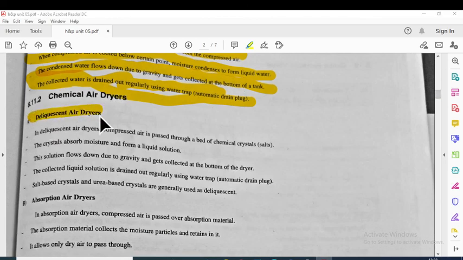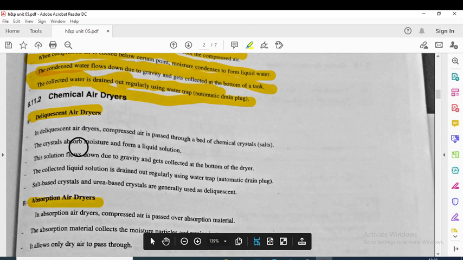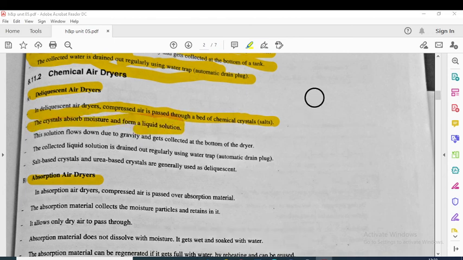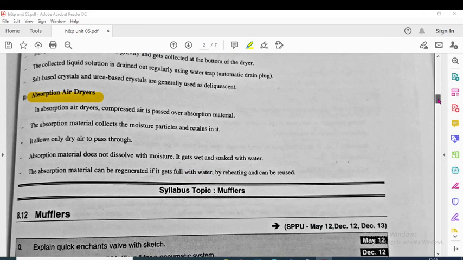Then these are the chemical air dryers. This is the deliquescent air dryer and this is the absorption type air dryer. In the deliquescent air dryer, compressed air is passed through a bed of chemical crystals. These crystals absorb the moisture and form a liquid solution, and this solution moves in the downward direction, where it can be drained.